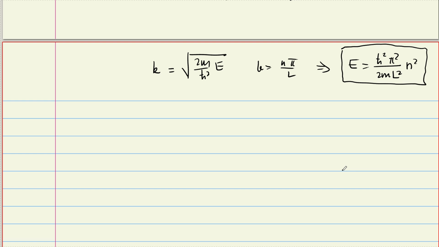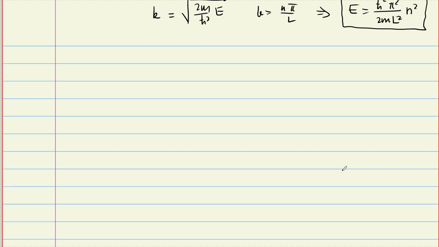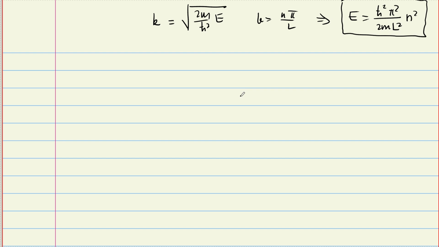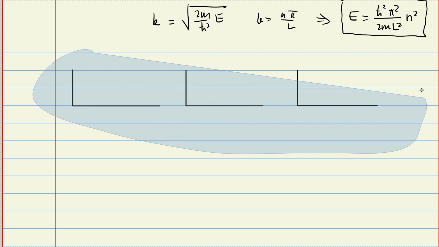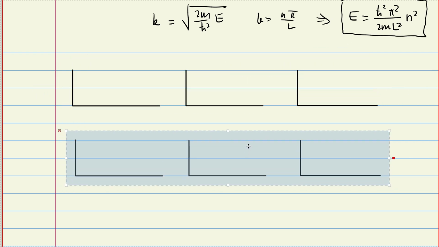Any questions or comments? Let me just draw you the solutions and then finish it there. So let's draw both wave functions and probabilities, and I'll be done after that.